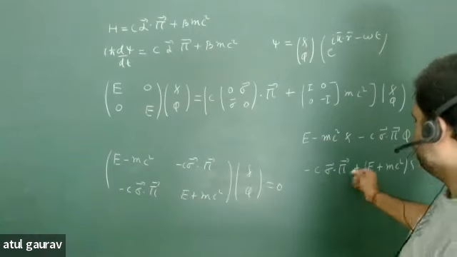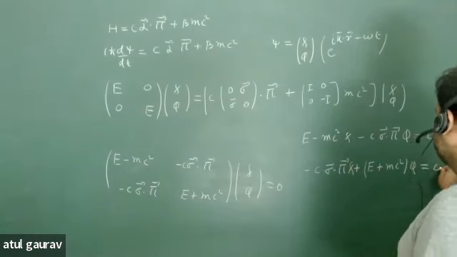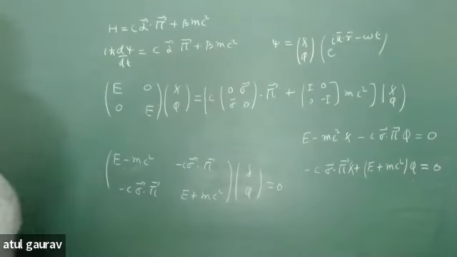Sorry, here is chi and here is phi. So we have to try to solve these two equations, and let's see how we are going to solve it. So let's go for this one. यहाँ तक clear है ना?